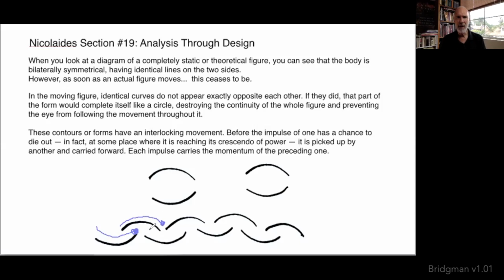Each impulse carries the momentum. Now, what's he talking about? He's talking about the viewer's eye. This is about the design of the picture. This is about the lines we put down. This is about all of those beautiful figures that we've seen him draw, where he does this and this and this, and all of that rhythm that he is throwing those lines in there to make them not stop.